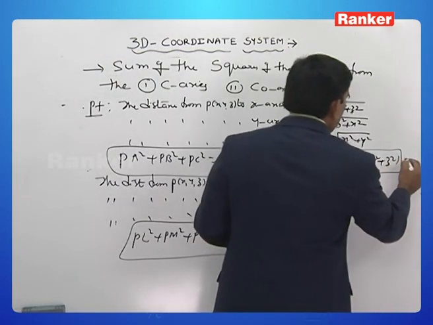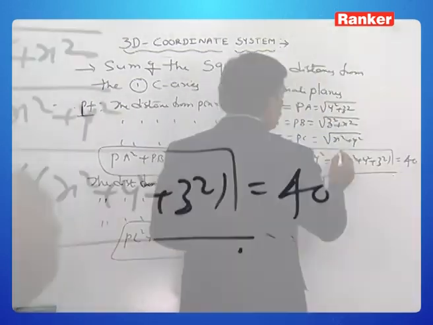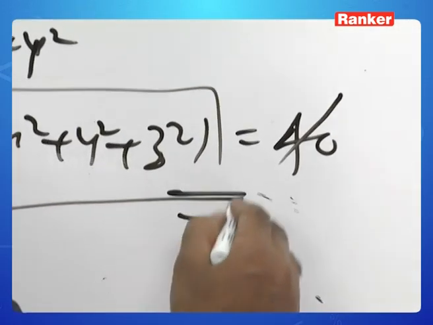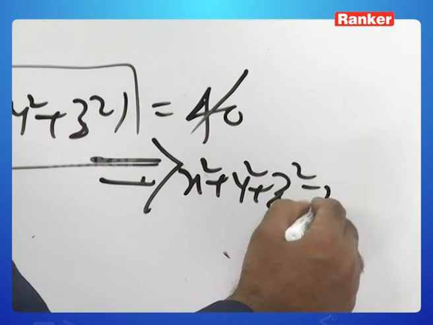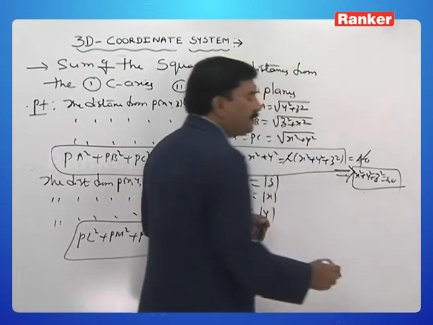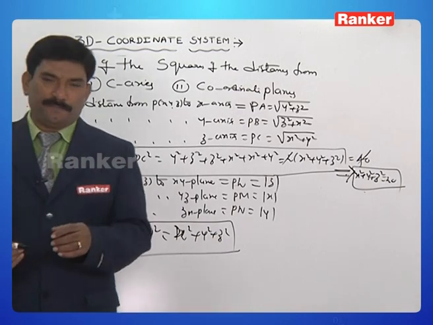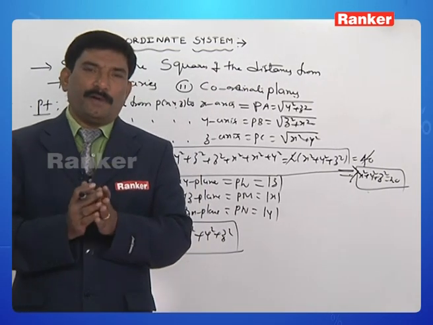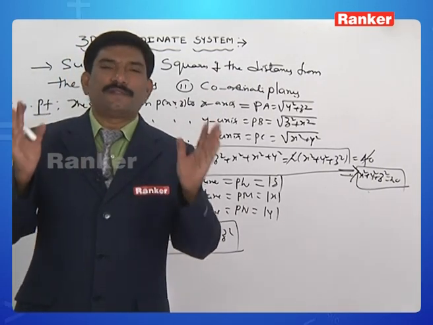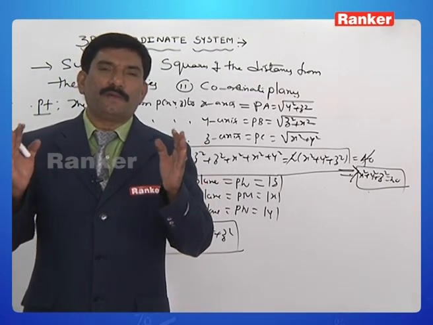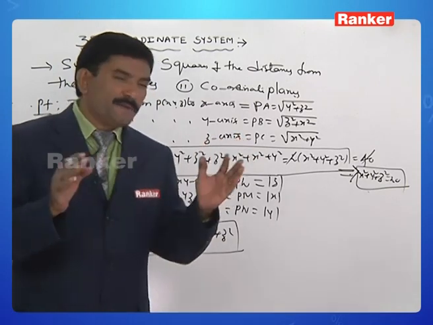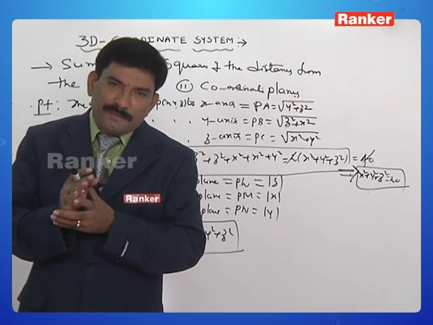If I take this as 40, I can write this and the common factor cancels. So I can write x square plus y square plus z square is equal to 20 as the locus of the point P, which moves such that the sum of the squares of the distances from the point P to the coordinate axes is x square plus y square plus z square equal to 20.